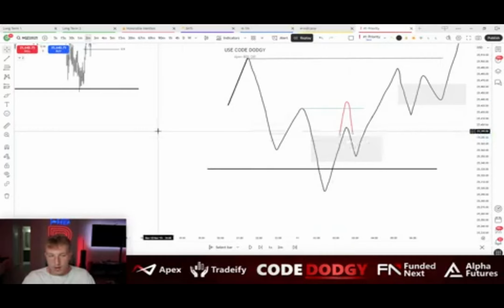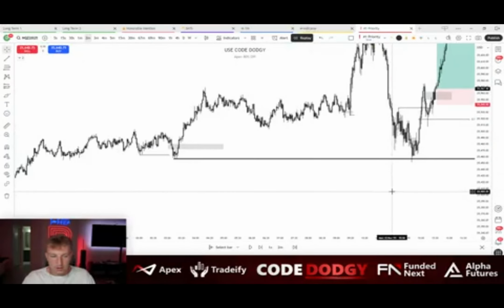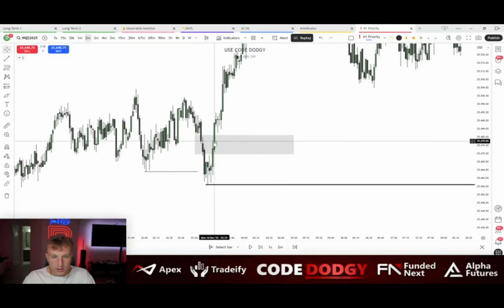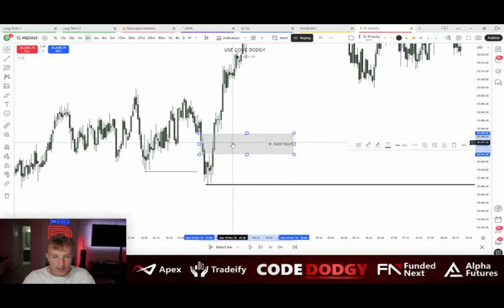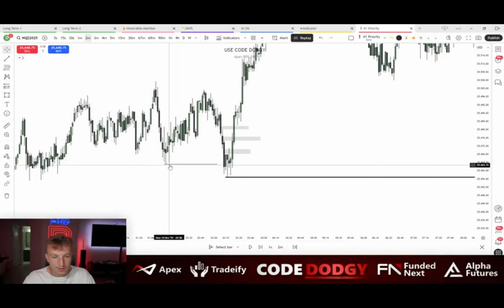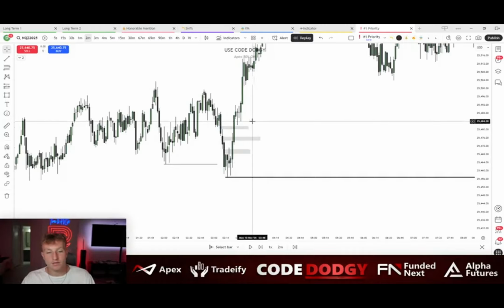So what do I mean by that? Well, let me see if I can find an example. Right here. This is the 2-minute time frame. We have a little fair value gap here, a little fair value gap here, and a little fair value gap here. And we have our liquidity point here, which we very clearly reverse and get momentum off of.